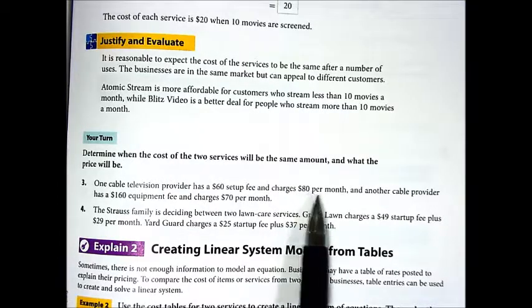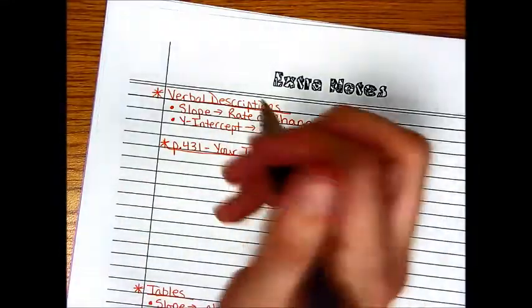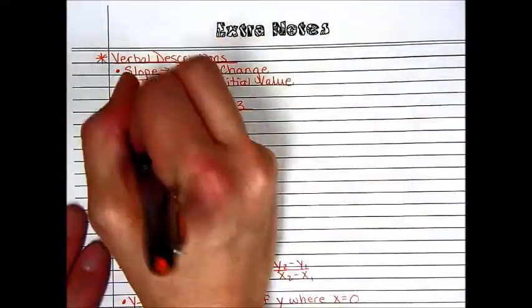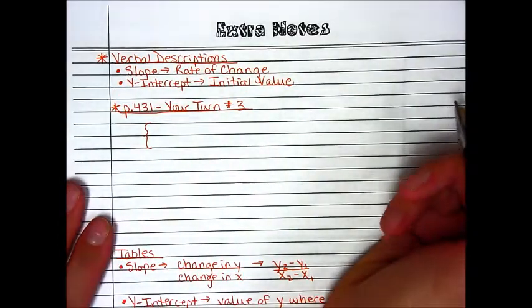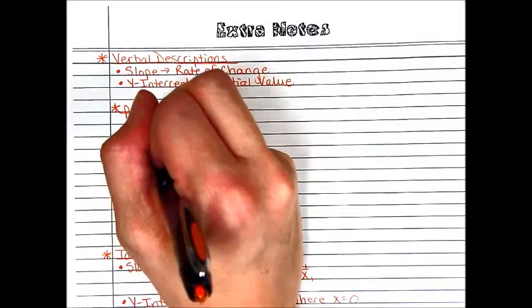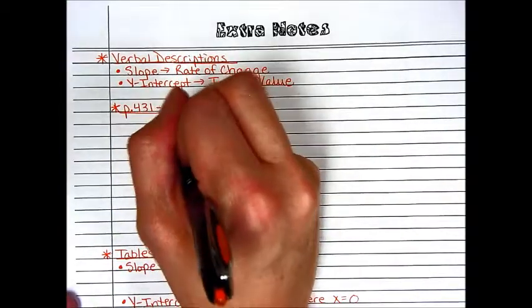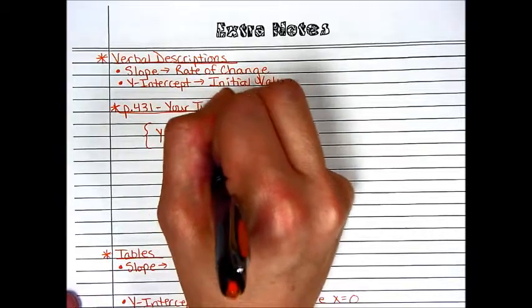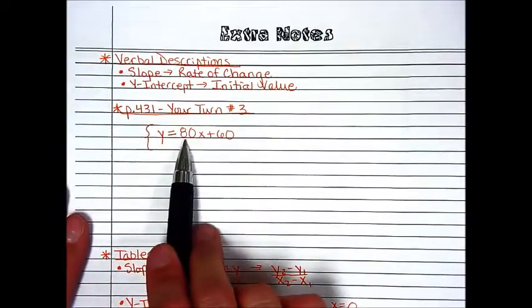That's your rate of change. The monthly fee there is your slope. So let's start setting up your system. We're going to draw our little system bracket here. And so we would have y equals 80x plus 60. They charge that setup fee of $60 plus $80 a month.